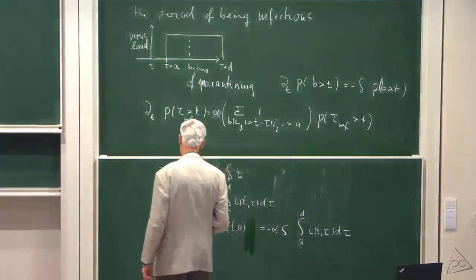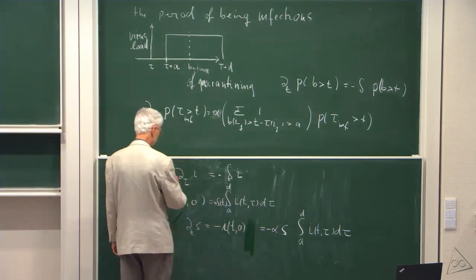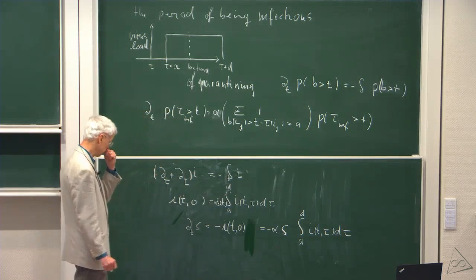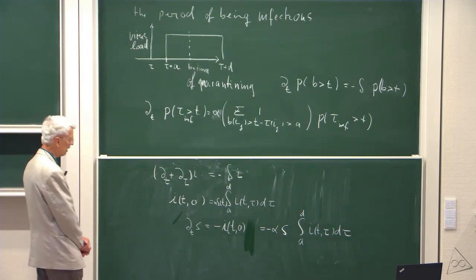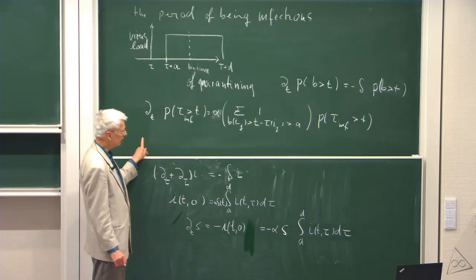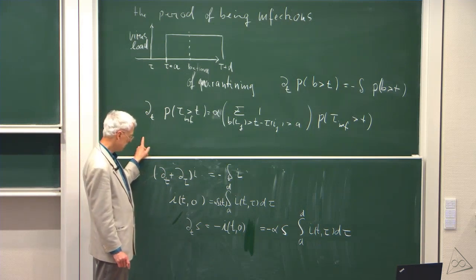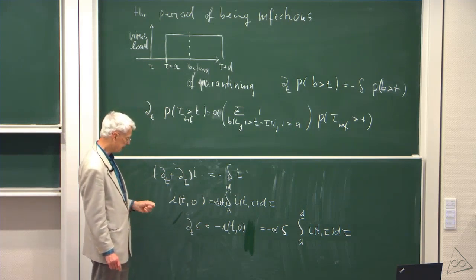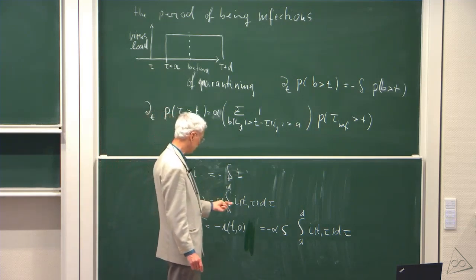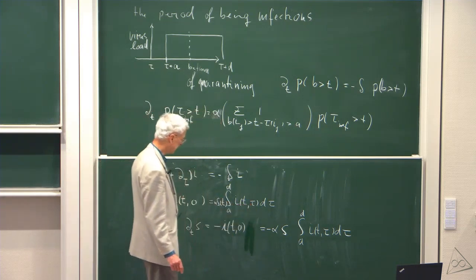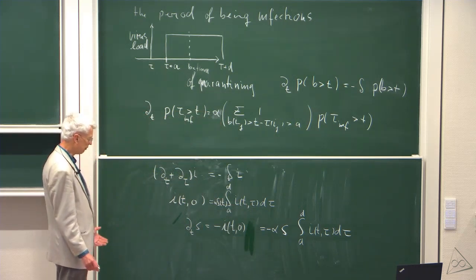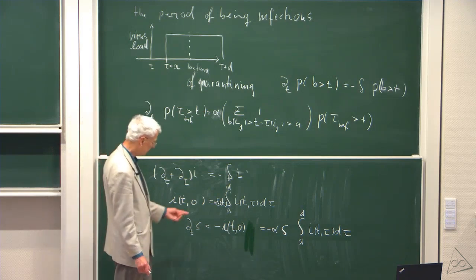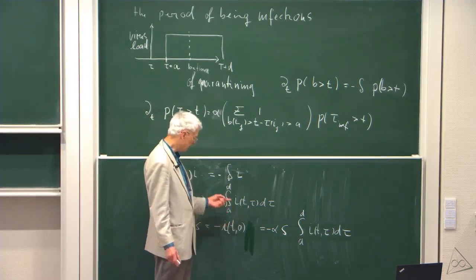It is quite a bit more complicated than the simple SIR model that I wrote down before, because now what does not disappear from the equation is the time since infection, tau, that an infectious individual is running.